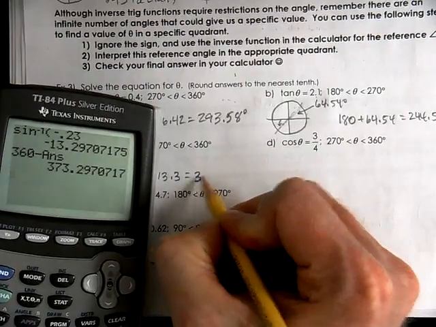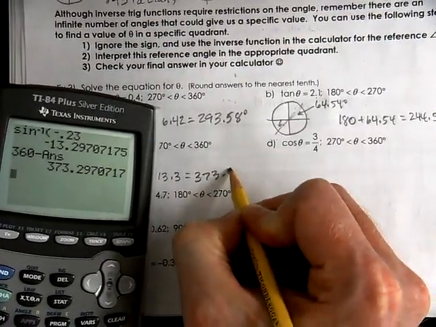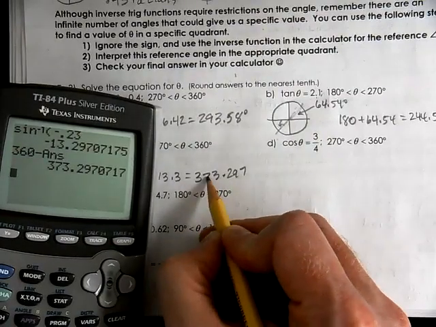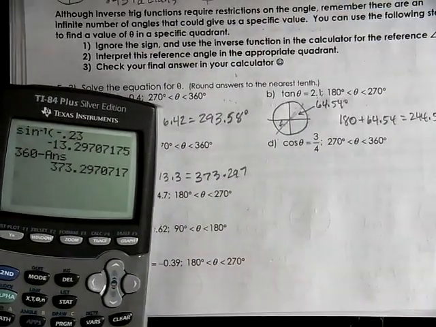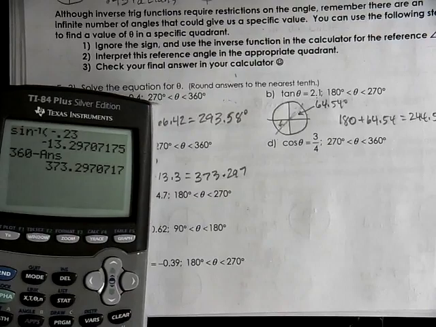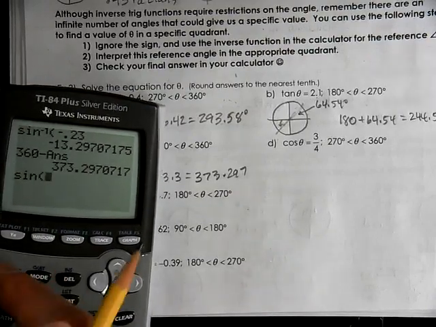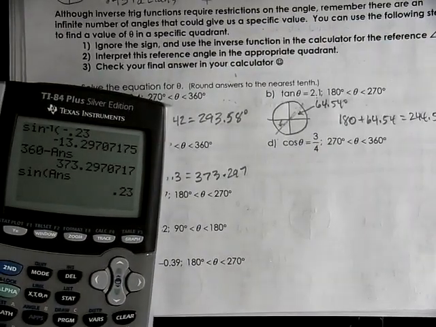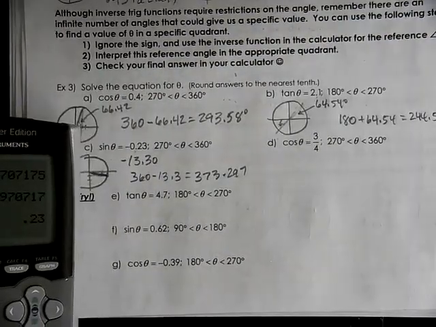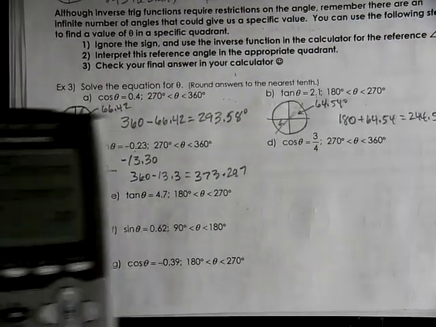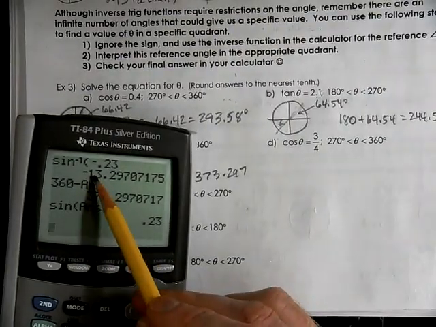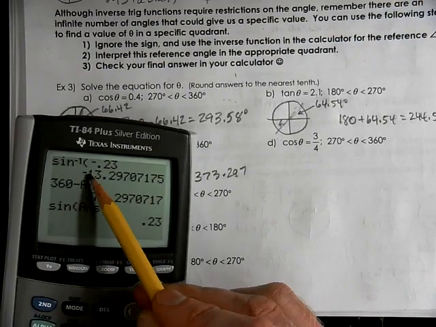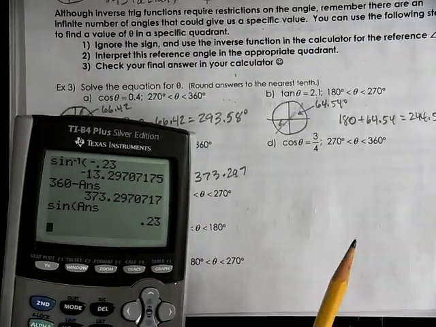So the best answer is 373.297, which would really be 273.3. But when we test our answer and call it sine of this angle, we're going to get, there it is, minus a negative. That's not what we're looking for, was it? We need to add the negative number.